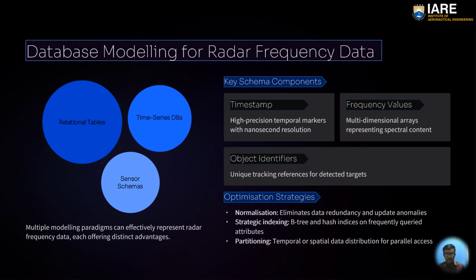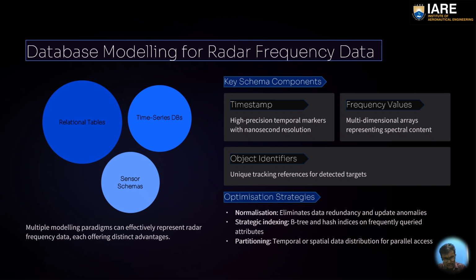Now let's go through database modeling for radar frequency data. Here, for modeling the database, we have to address three main components. First one is relational tables. Next one is time series databases.